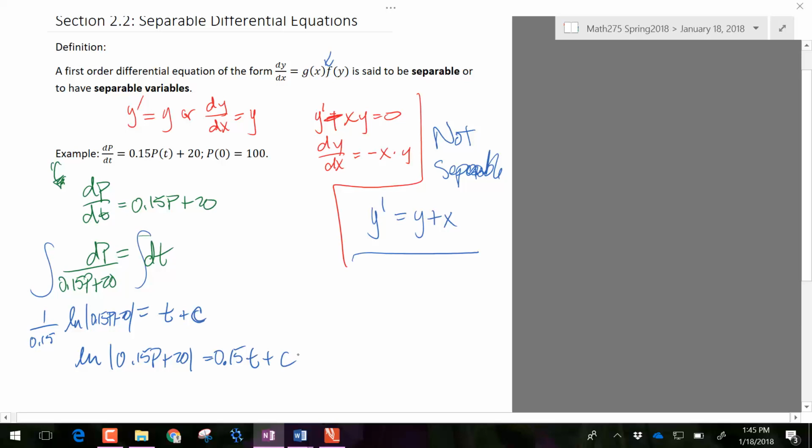Now, there is a parentheses that should go around the t plus c, right? But then if you distribute that, the c times 0.15 is just another constant. Actually, let's make it explicit. We can replace a constant times an arbitrary constant as just another constant.